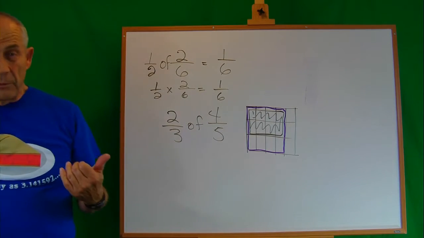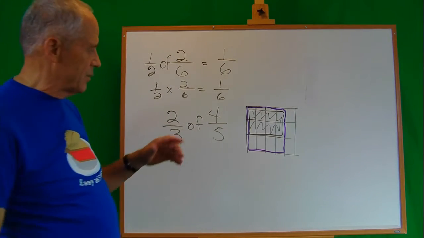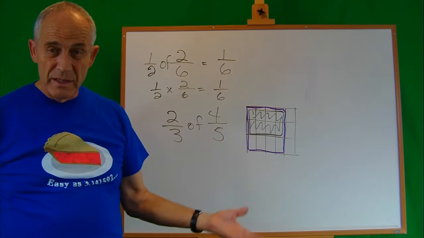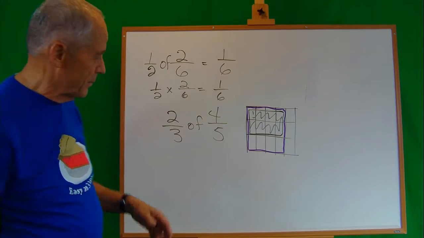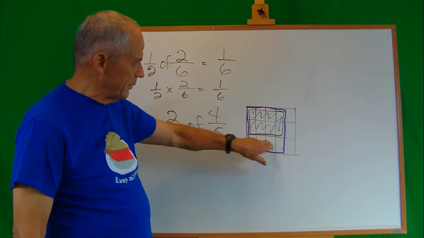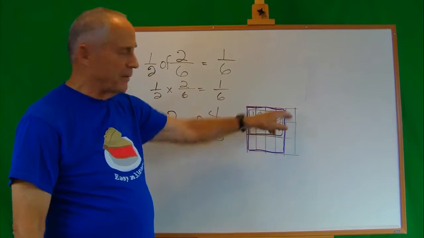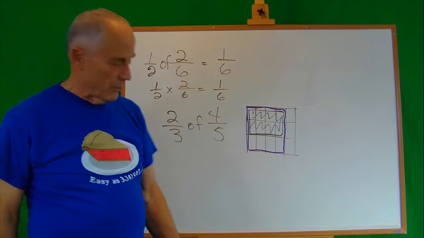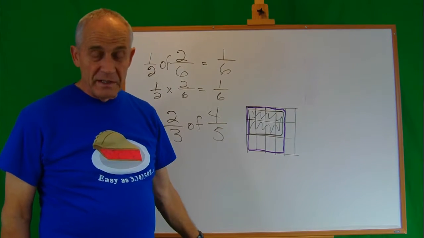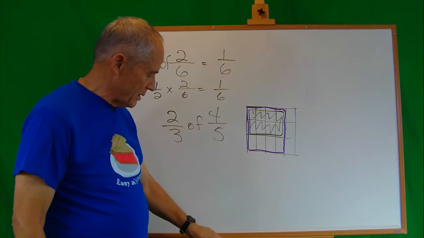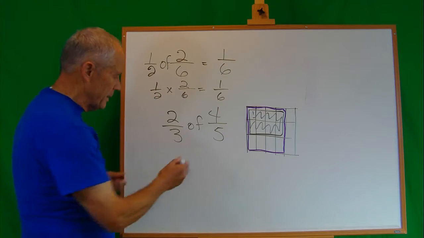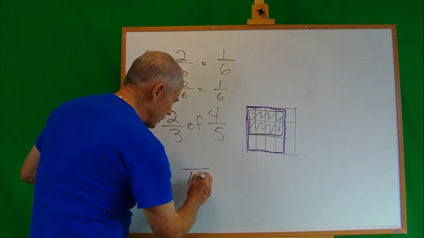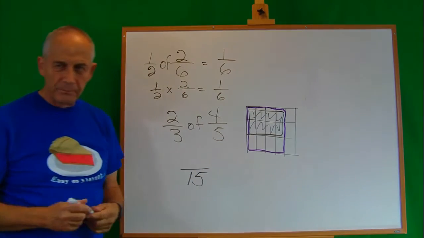Okay, just like before, to be able to talk about this, we got to know the names of these little squares, because that's going to tell us what we have. So if we count them, we've got 1, 2, 3, 4, 5, 10, 15. So we're going to end up with 15ths. That's the name of those little squares. So 2/3 of 4/5 is going to be something to do with 15ths.